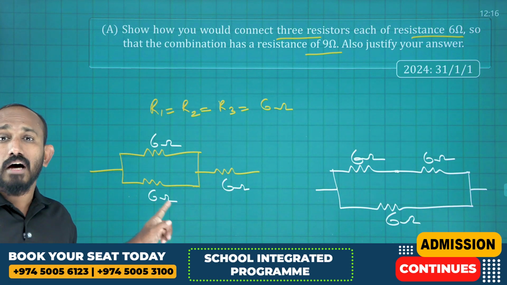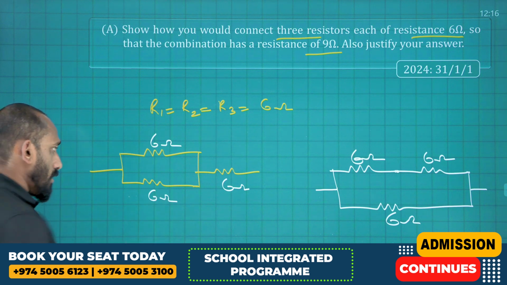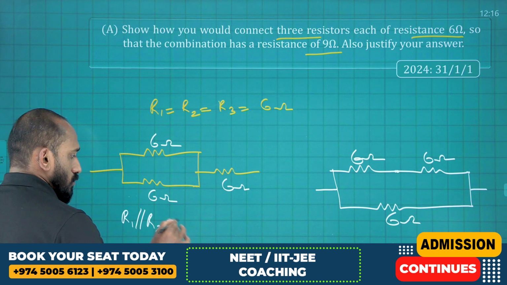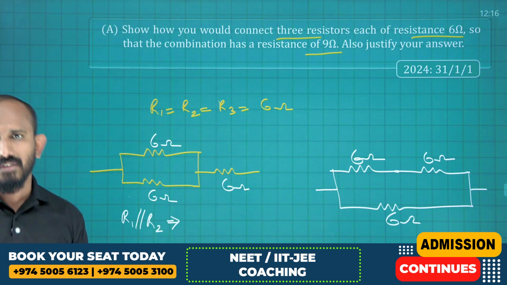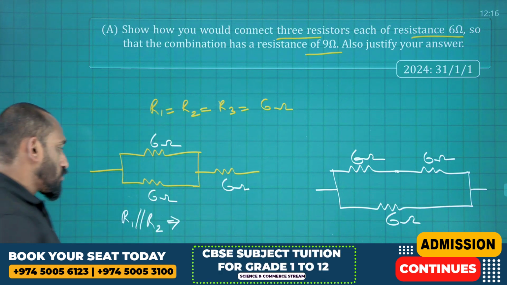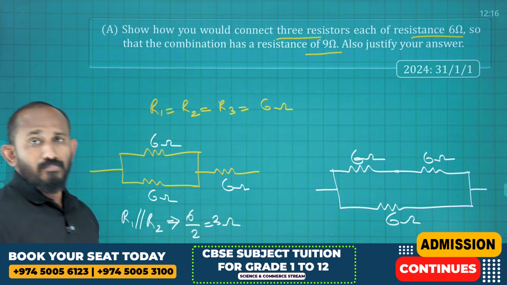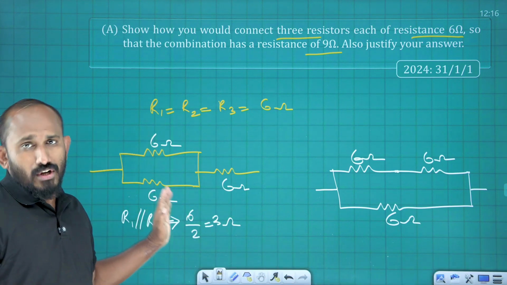2 six-ohm resistors are in parallel here. So let R1 be parallel to R2. Then the resultant, both being 6 ohm, will be 6 by 2, that is 3 ohm. So these 2 give you 3 ohm.